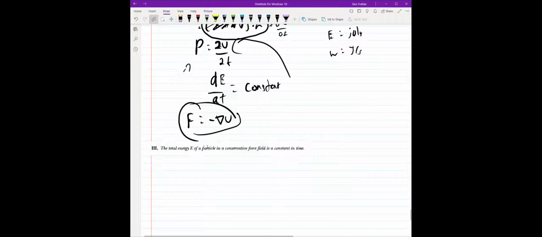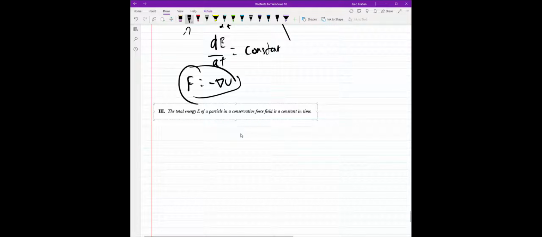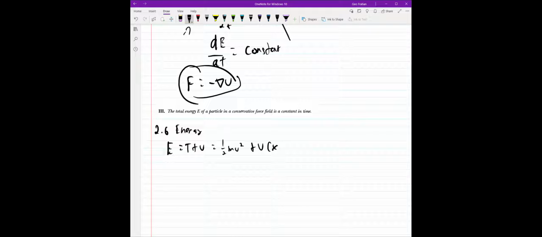So we've kind of been talking about energy, but let's do a deeper dive into it. Section 2.6 brings us to the conservation of energy. Let's consider a point particle under the influence of a conservative force with a potential U. Our total energy equation is E equals T plus U, which is just 1/2 mv squared plus our potential, a function of position.